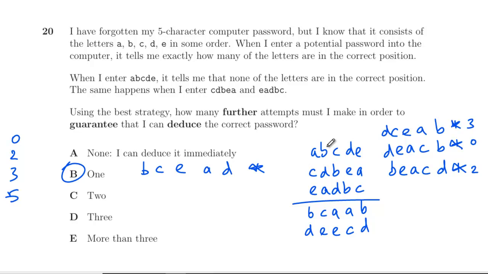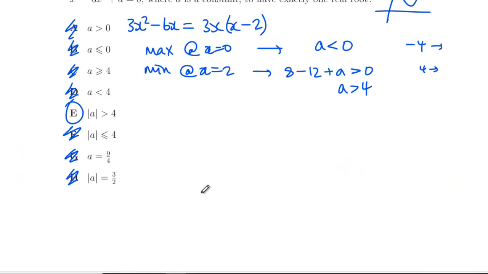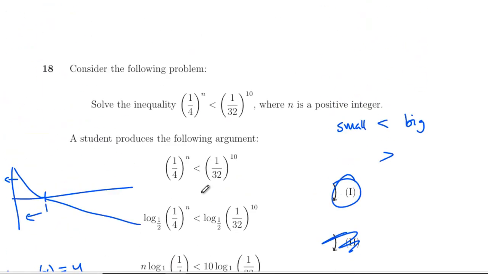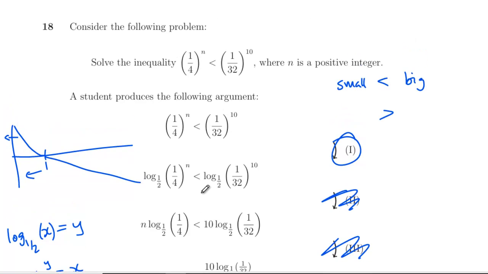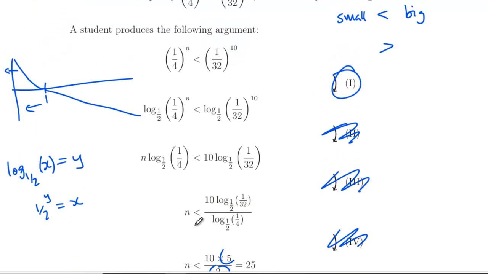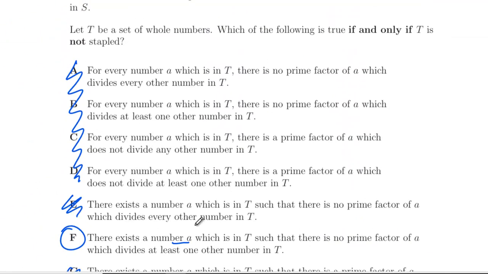Okay, they went through a bit easier than I thought they were going to be. I mean, maybe I could have done all of this paper as one video. That last one was pretty straightforward. 19 was straightforward. 18 was maybe a little fiddly as to seeing what the problem was with log base a half, but to actually see that was the invalid step wasn't that bad.